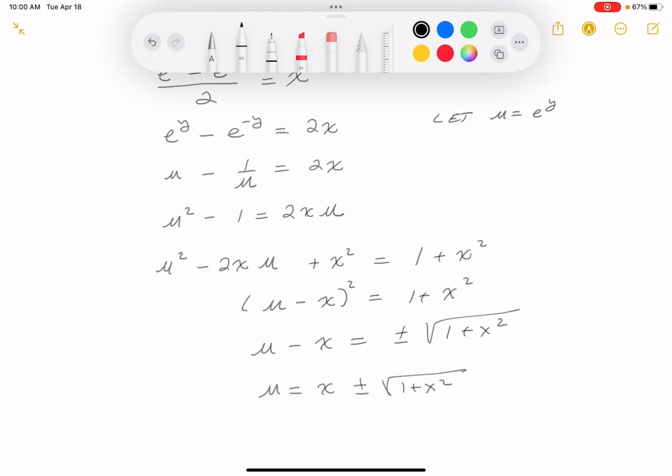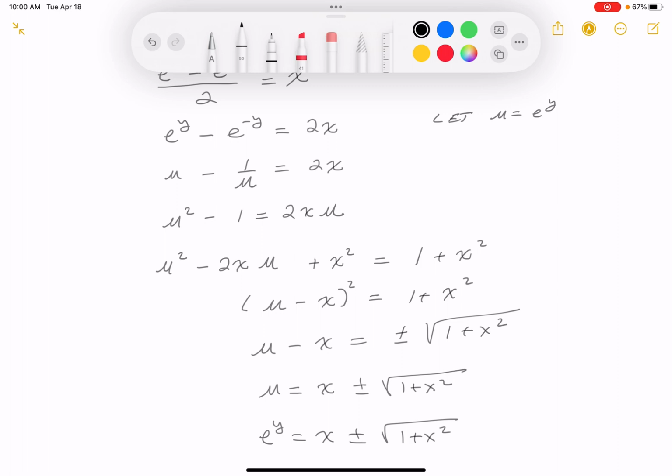Before I go on, let me go back to what u was: it was e to the y. I've got trouble if I allow the minus sign in there, and I'll tell you why.